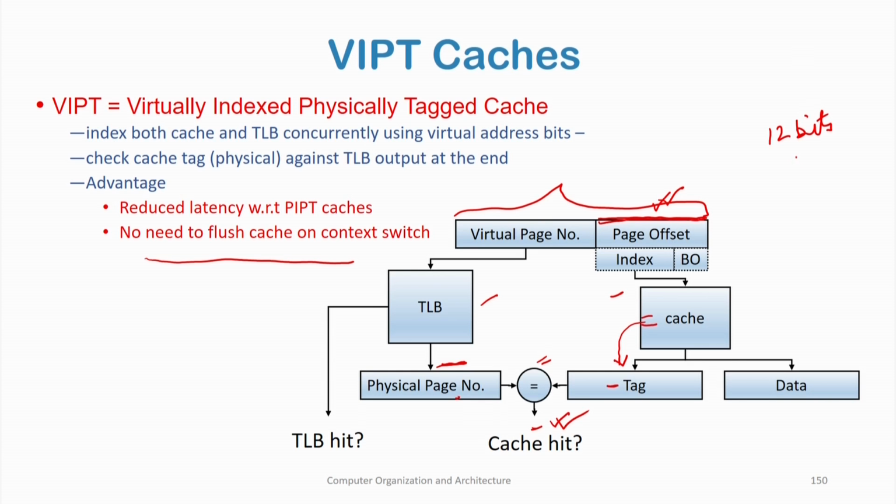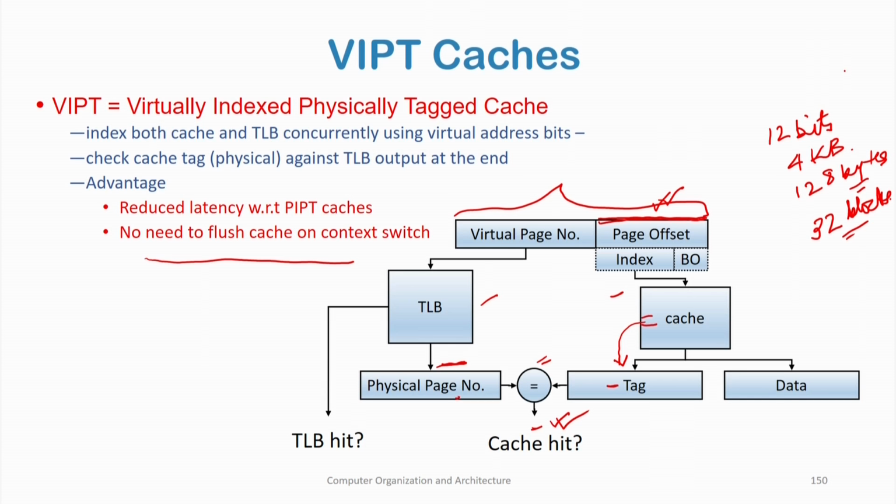The page size is 4 KB, and let us say my cache block size is 128 bytes. So, I have 32 cache blocks, 32 blocks per page.